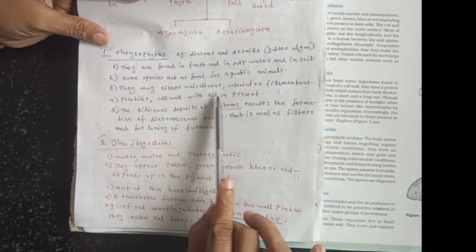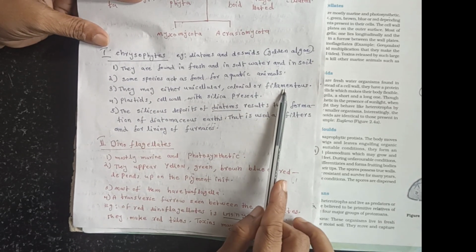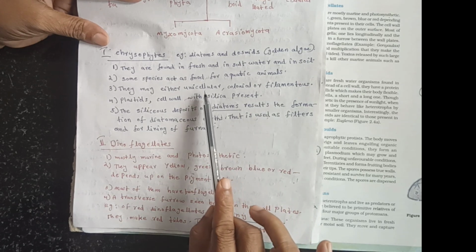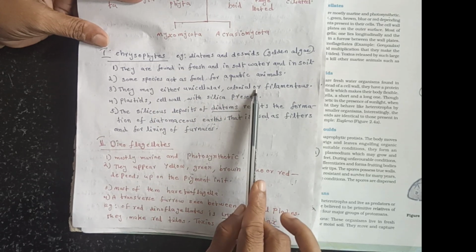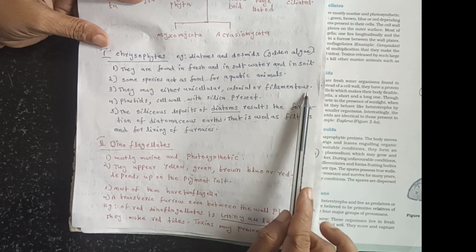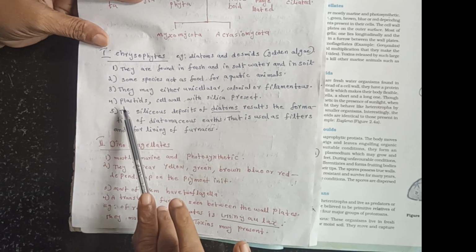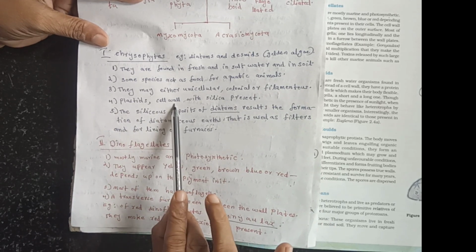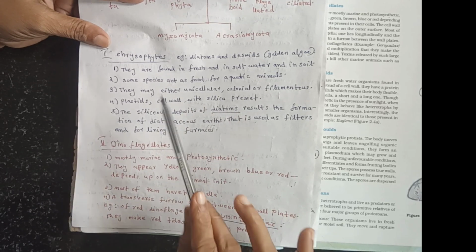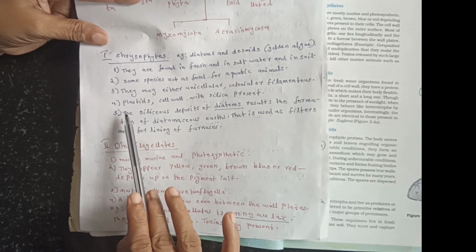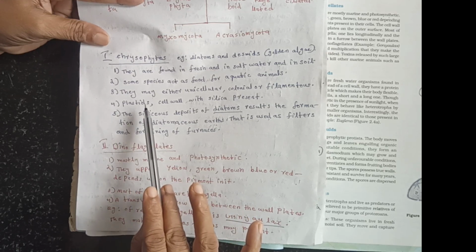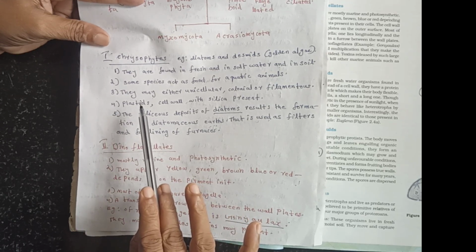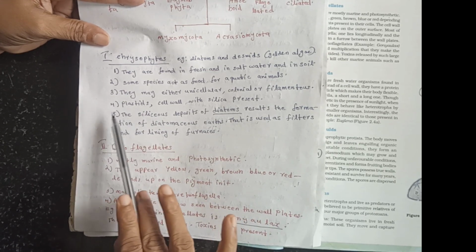Some members are unicellular, some colonial and some filamentous forms. Plastids, cell wall and silica are present. There are different types of plastids, like chloroplast, chromoplast and aleuroplast.